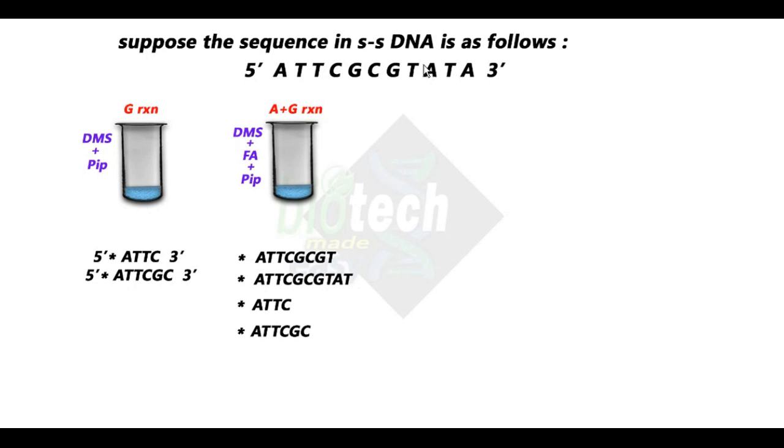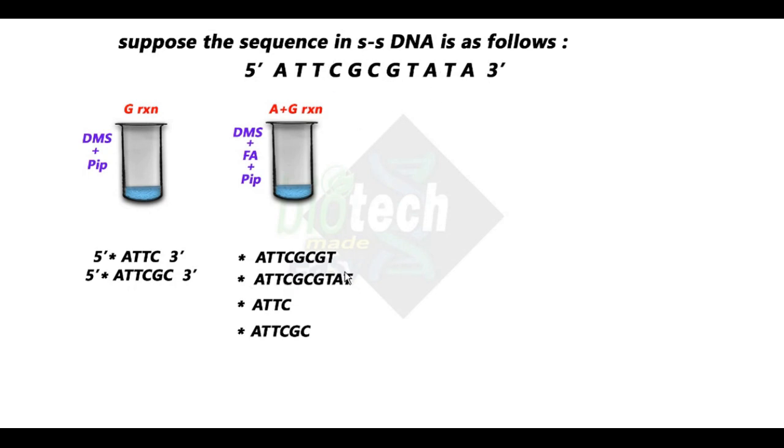So in this case, it will act upon this particular point, and you will get a fragment from this point to this point. So here you can see, this is the one. And then A is present here also. So then the break will take place at this particular point, just before A. So in that case, you will get a fragment right from this to this. So that is present here.